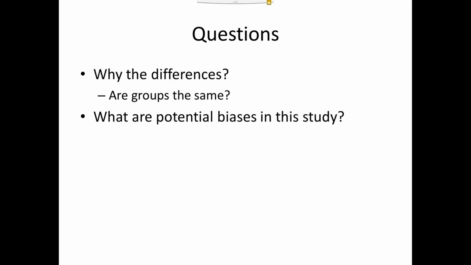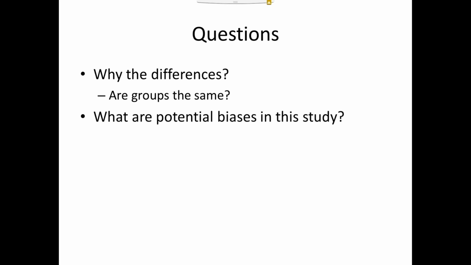So why the differences? You know, the groups aren't really the same. So the performance of the test itself may differ, and that's why you may have differences in sensitivity or specificity. However, sample size issues preclude saying that one test performed worse than the other.